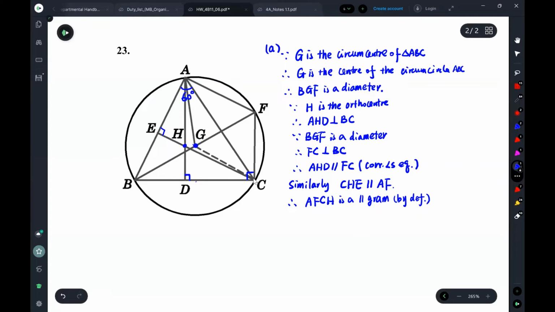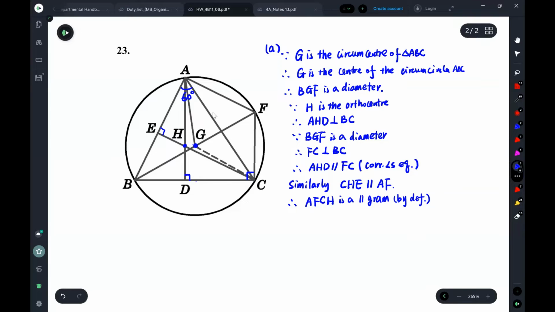Now those are all radii, you see? That's the first thing. Second thing: since we already proved it is a parallelogram, AH is equal to the opposite side CF. Maybe I can use CF, right? So instead of looking at the isosceles triangle AHG, we should maybe look at other sides. There are a few to choose from.